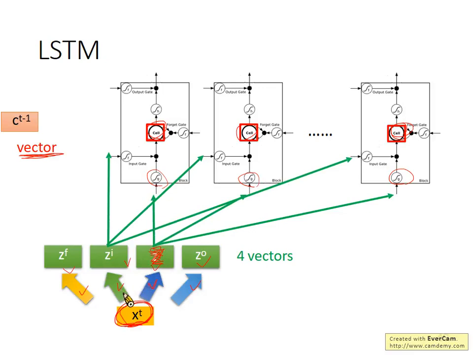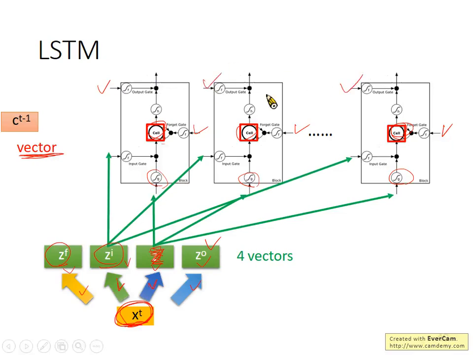By multiplying by another matrix, we get the signal z_i, which is used to control the input gate. Another signal is z_f, which is used to control the forget gate. Remember we concatenate all these signals into one vector. And z_o is used to control the output gate.